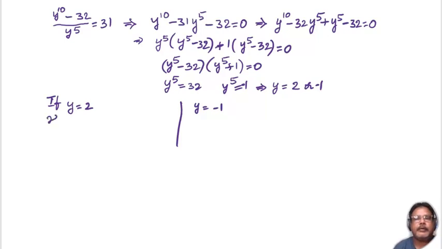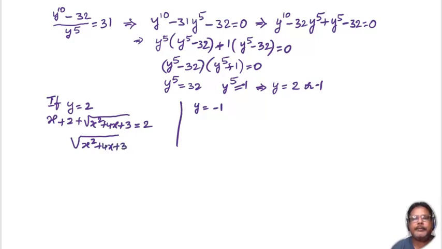So here x plus 2 plus root of x square plus 4x plus 3 is equal to 2. So keep the root this side. X square plus 4x plus 3 is equal to minus x.